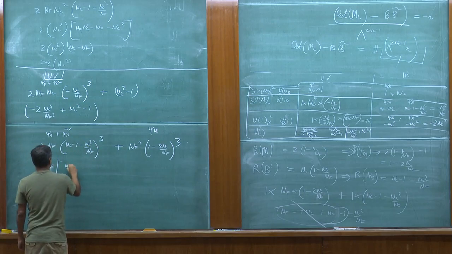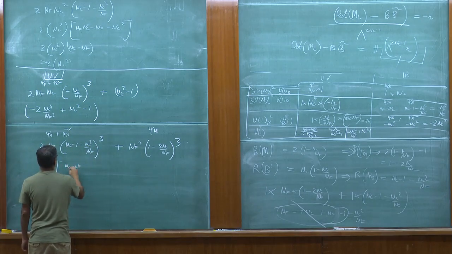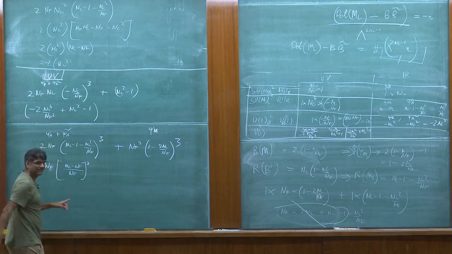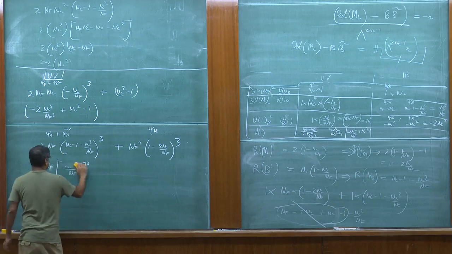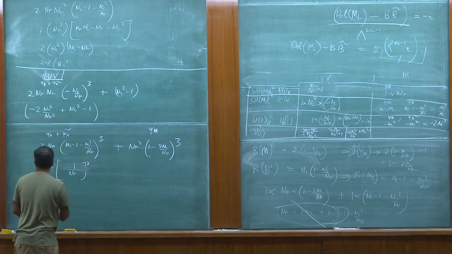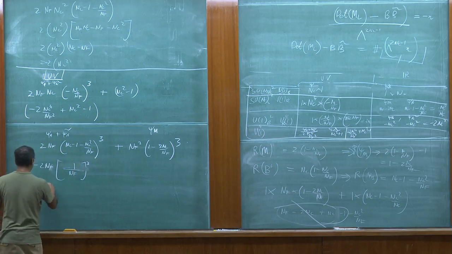So NC minus NF divided by NF cube, but NC minus NF is minus 1. So we have 1 and a minus sign here, cube. So this term is minus 2 by NF square. Not bad.